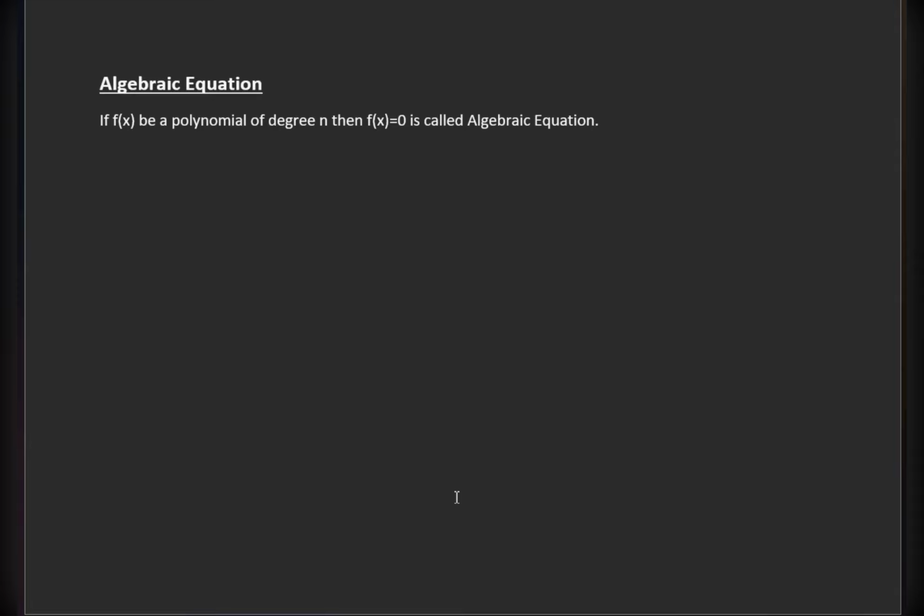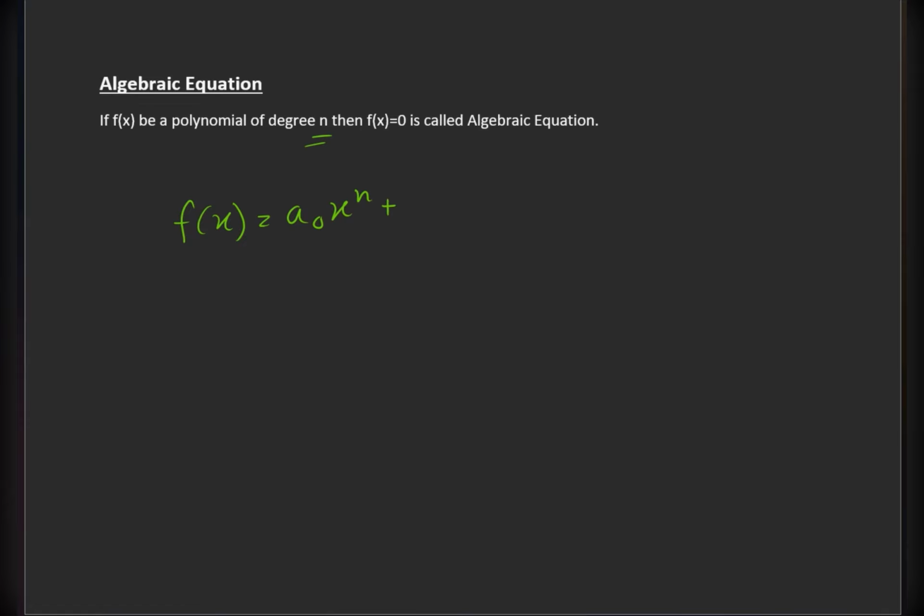So before going to the fundamental theorem of classical algebra, we have to know about algebraic equation. So it says that if f of x is a polynomial of degree n, then f of x equal to 0 is called an algebraic equation.